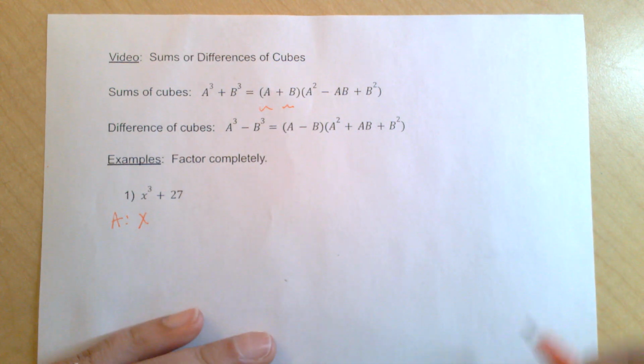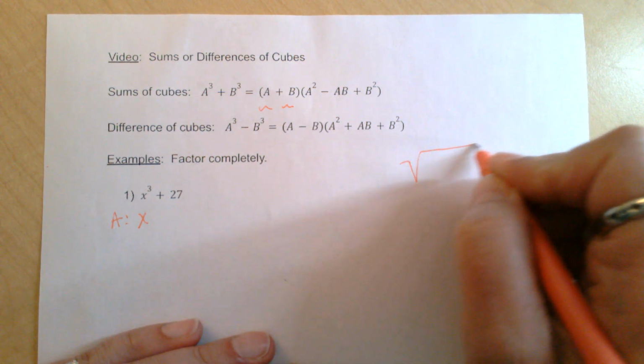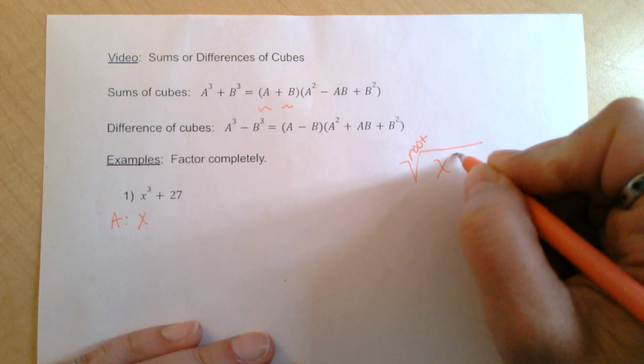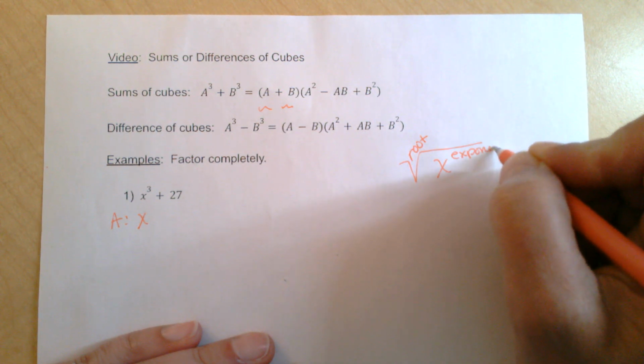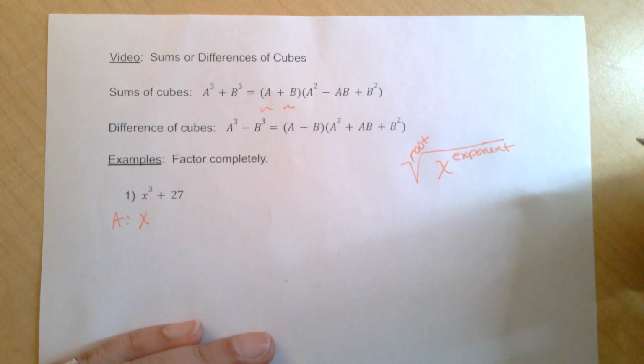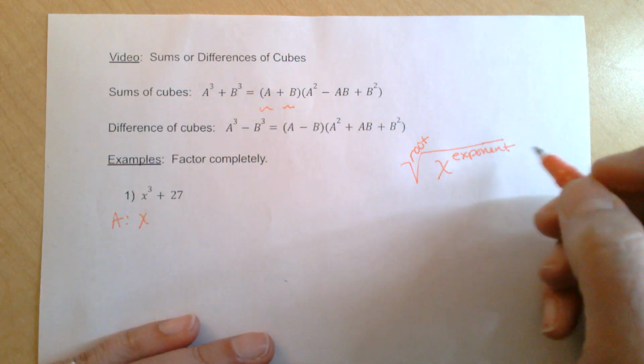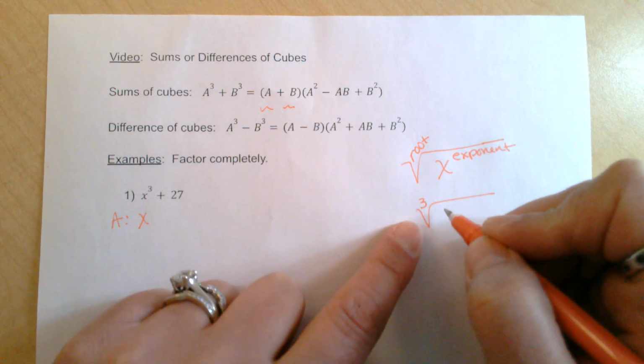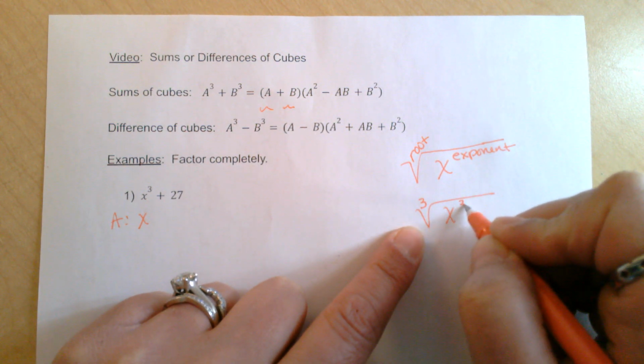Now, how did I get that? I'm just going to take a little side detour, and I'm going to write root, and I put x, and I put exponent. And there's an easy way to take the cubed root. So what we're doing here is the root is 3. We need to take the cubed root of x to the third.